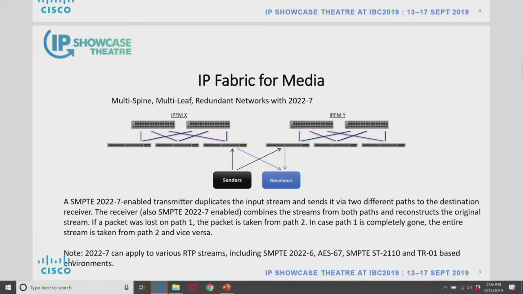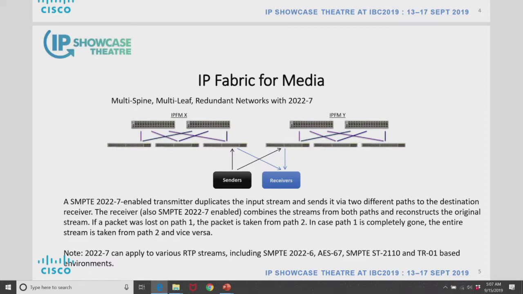Now, from a high availability perspective, the fabric was built redundant, side A and side B, red and blue if you want. Remember we discussed two spines, multiple leaves, and then we built side A with an equivalent side B for redundancy.